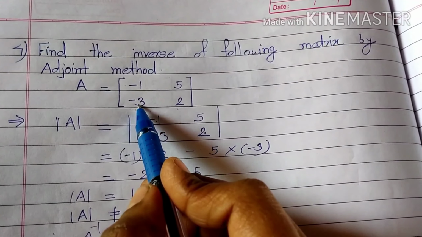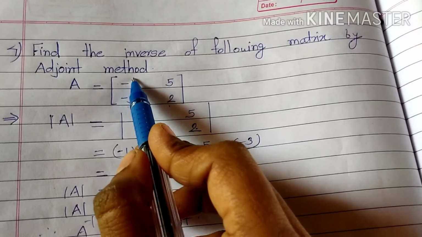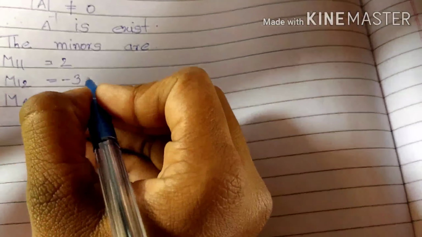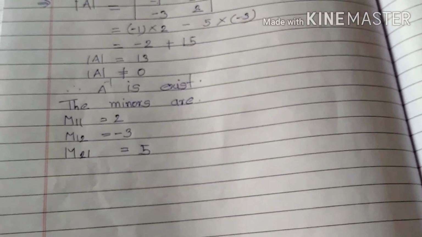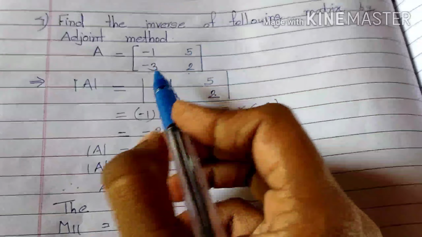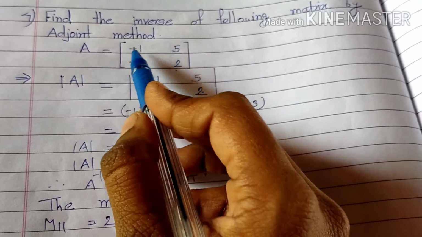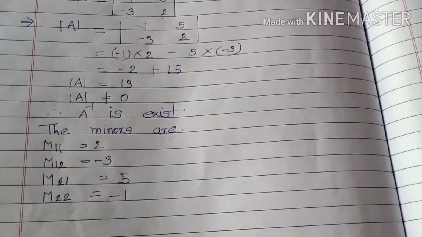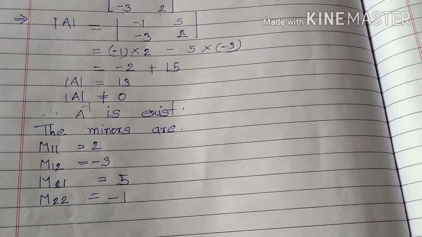Next, M21 means second row and first column, you get element 5. Next, M22. After deleting second row and second column, you get element -1. So these are our minors.